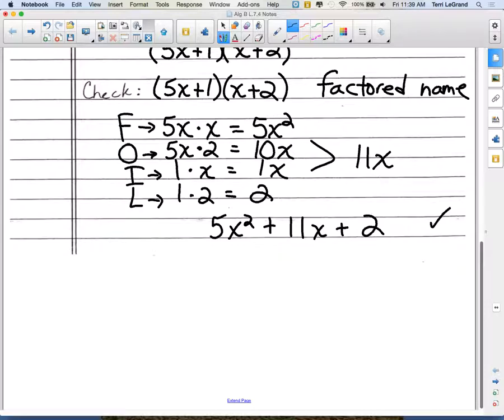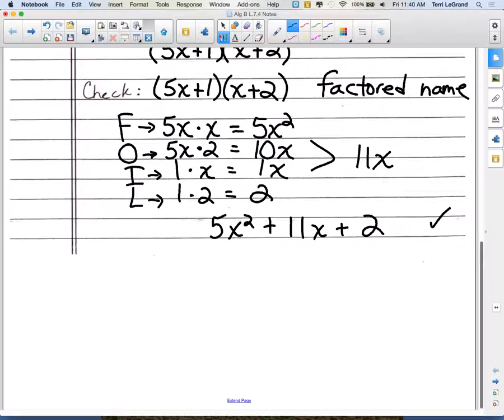The book will teach it a little bit differently. The book has you doing almost what's called a guess and check. You have to figure out what each of the binomials would have to start with, so that when you multiply them together you would get 5x squared. So you would have to think of all the ways you could get 5x squared. Well, you could take 1x times 5x, and since 5 is a prime number, that's really the only possibility you have.